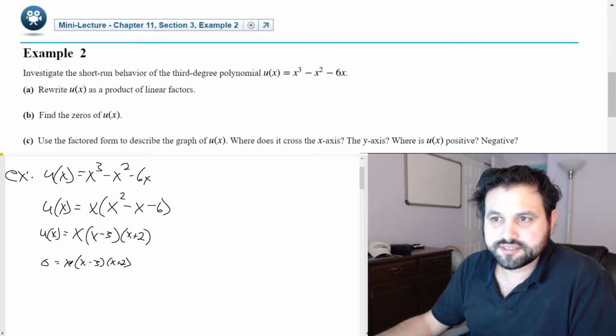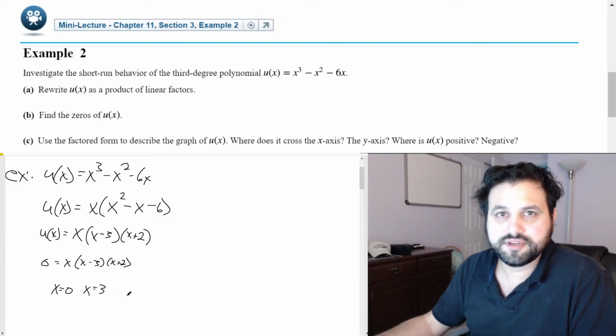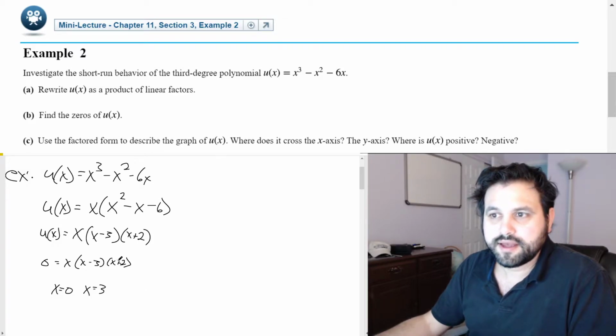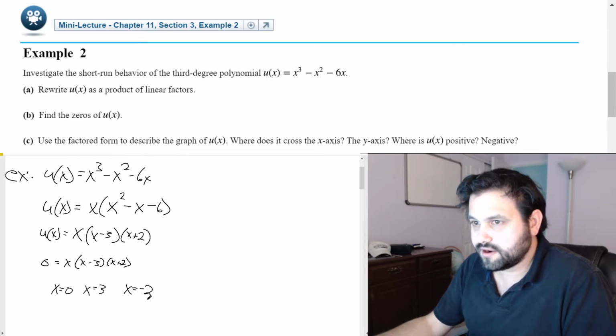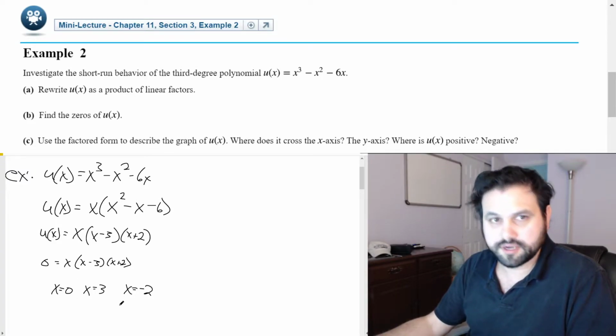So this single x will give me x equals 0 as a solution. X minus 3 as a factor gives me x equals positive 3 as a 0. And x plus 2 gives me x equals negative 2 as a solution, okay? And so there are our zeros.